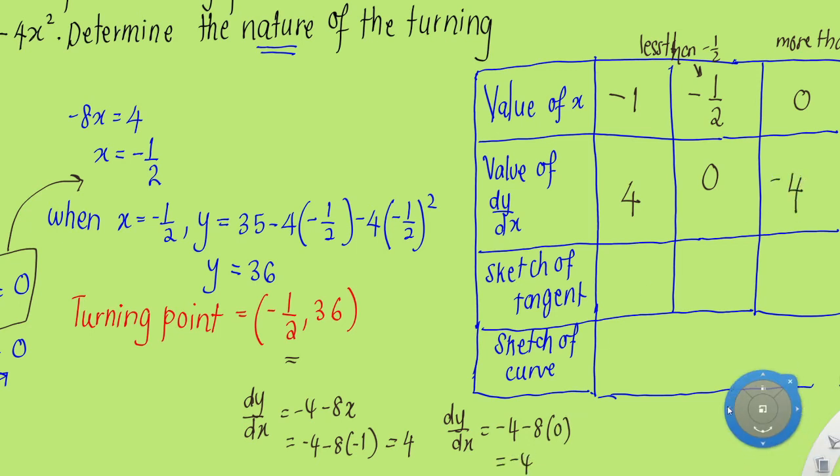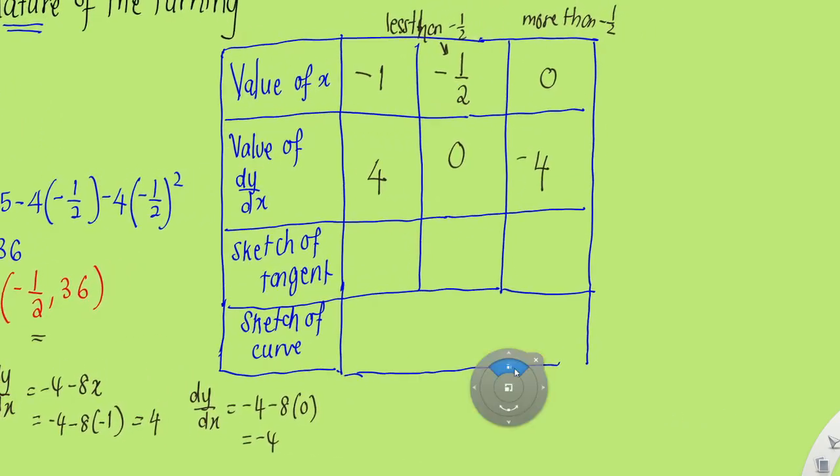Now let's sketch the tangent. If you have a positive value, your graph goes up. If you have 0, your graph is straight like this, stagnant. If you have a negative value, your graph goes down. So overall, your curve will be like this. This is how you determine the nature of your turning point.